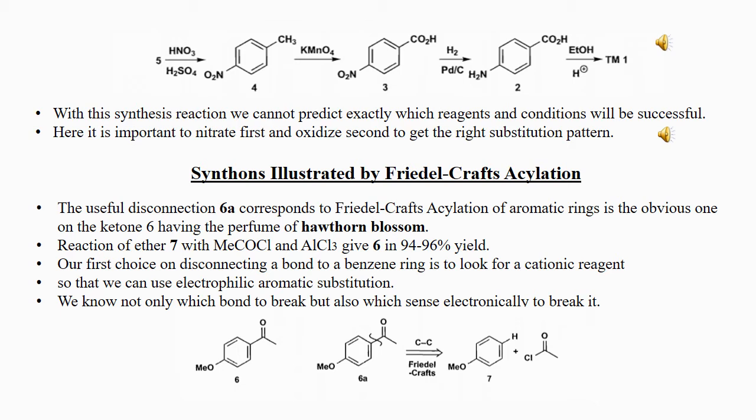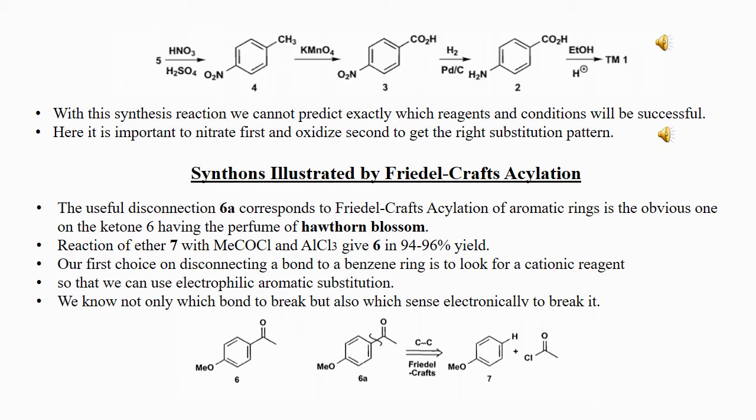So this is the first one. The useful disconnection 6A corresponds to Friedel-Crafts acylation of aromatic rings, as the obvious one on the ketone 6 having the perfume of hawthorn blossom. So here the example of 6 is given, and it's told that thinking about Friedel-Crafts acylation, this disconnection will take place.